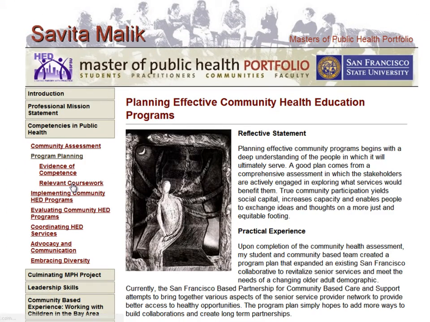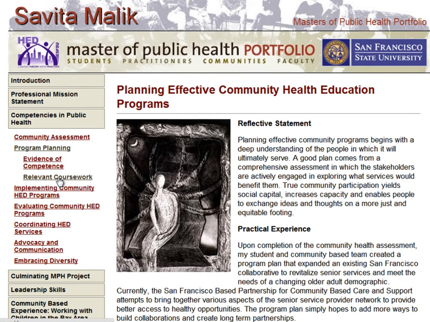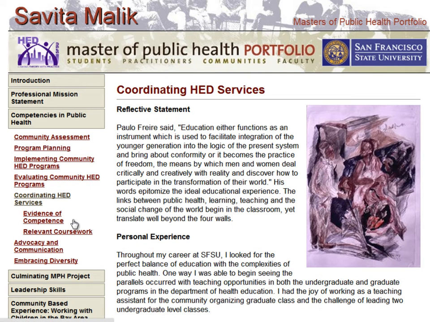And she does basically the same thing very well, I think very effectively, with the other competencies. So with program planning, again, we start with a reflective statement, practical experience, and then again evidence of the competency, relevant coursework, and so on. So she does that with all of these: reflective statement, personal experience, and so on.